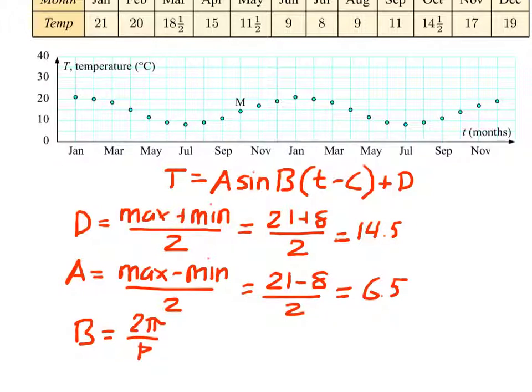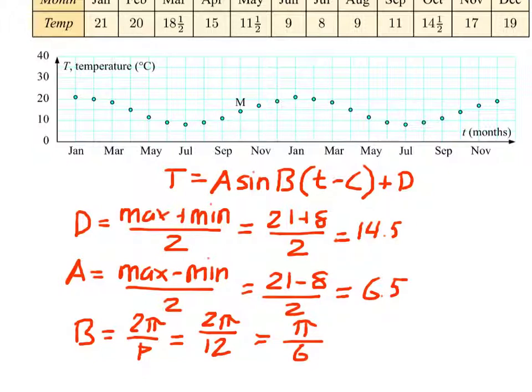So period is how often this data repeats. Well, if I look at my first max and my second max, I see that they're both in January. That means this data is repeating once a year, or in terms of our time units, it's repeating once every 12 months. So B is 2 pi over 12, or simply pi over 6.